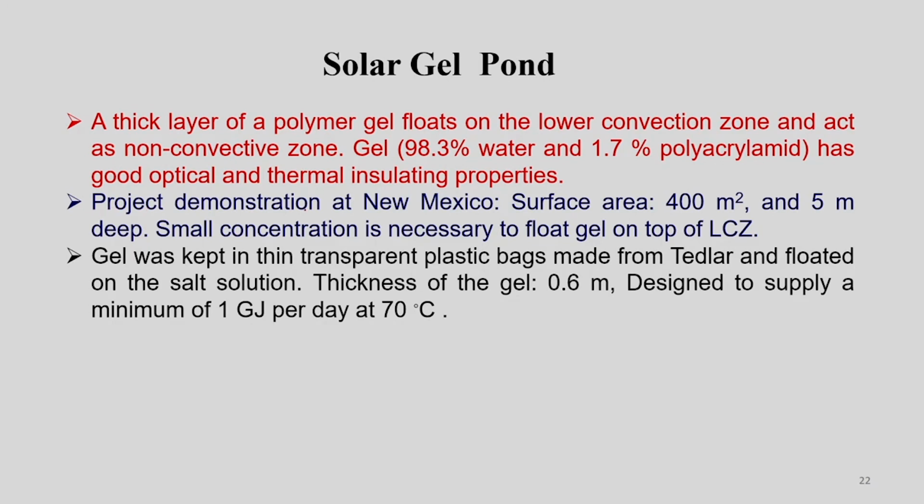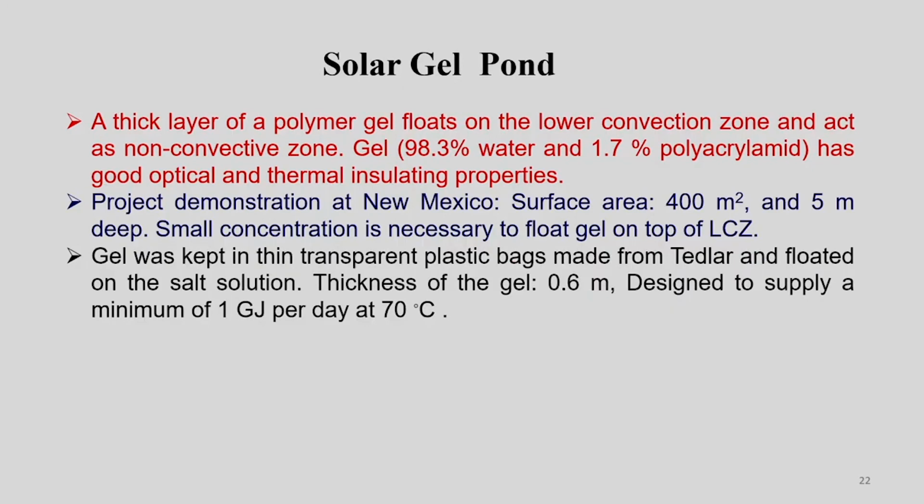This project was demonstrated at New Mexico, where the surface area considered was 400 square meters and the depth was 5 meters, and a small salt concentration is necessary to float the gel on top of the lower convective zone. The gel was kept in thin transparent plastic bags made from Tedlar and floated on the salt solution.